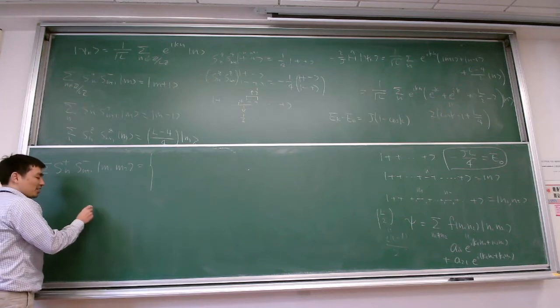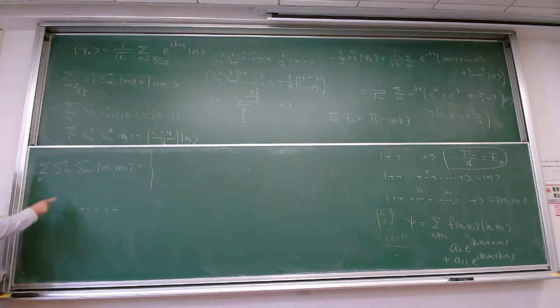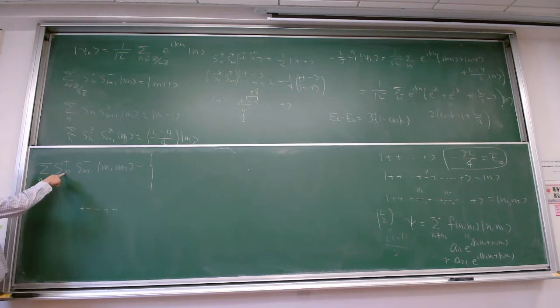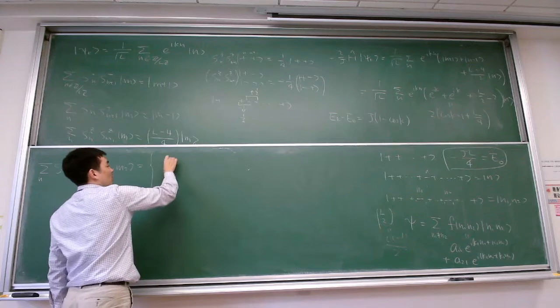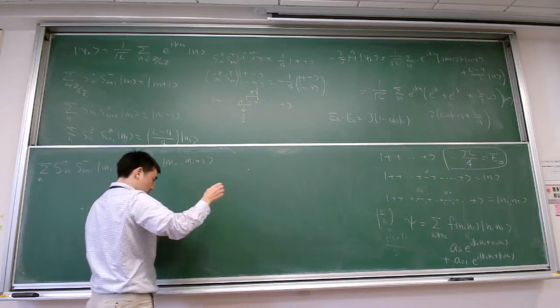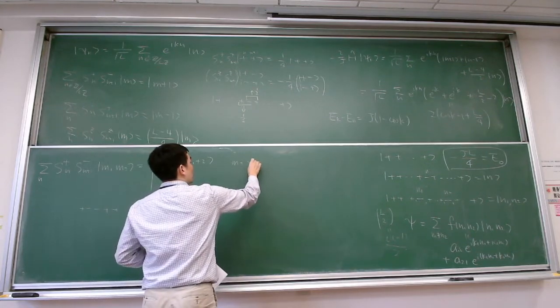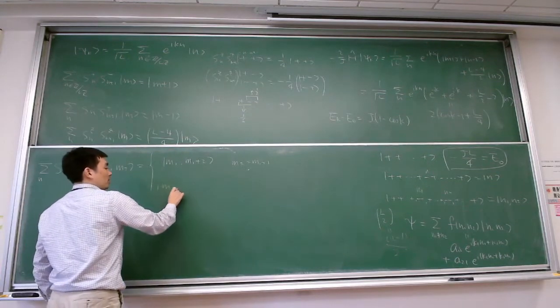If it is the case minus minus plus plus plus, you can hit this one. Only if this hits this one does it make a non-trivial contribution. Therefore, it becomes m1 and m1 plus 2 when m2 is equal to m1 plus 1. So you agree?